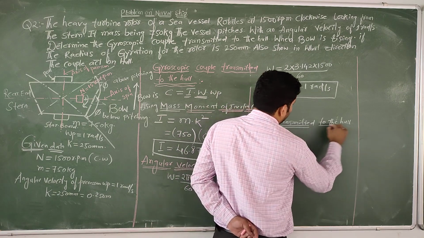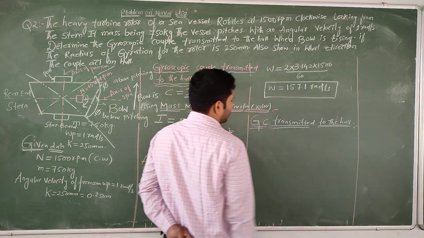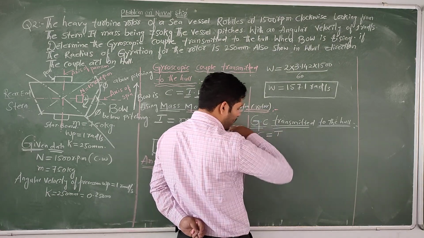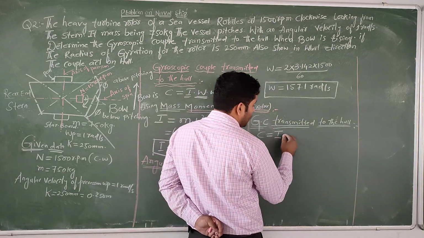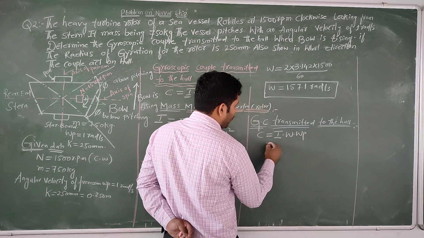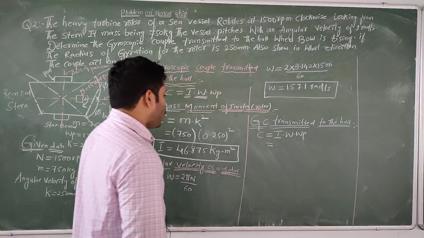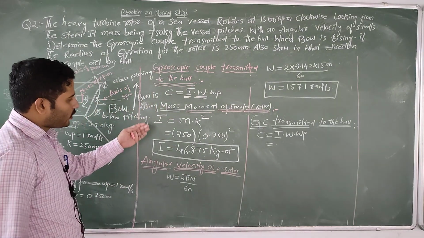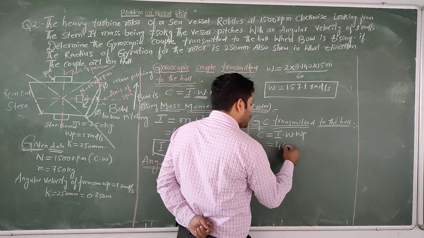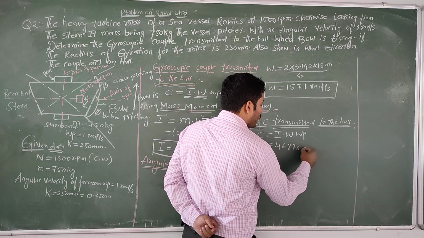Then how to transmit? Let us see over here. C equal to, we have the equation C equal to I into omega into omega p. The I value, the mass moment of inertia of the rotor, is given as 46.875.